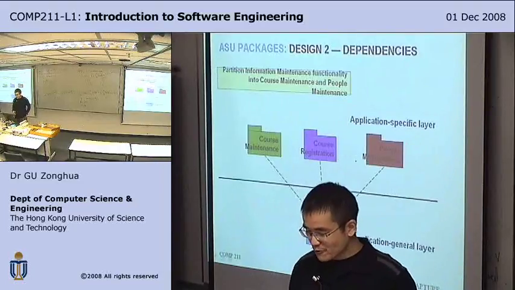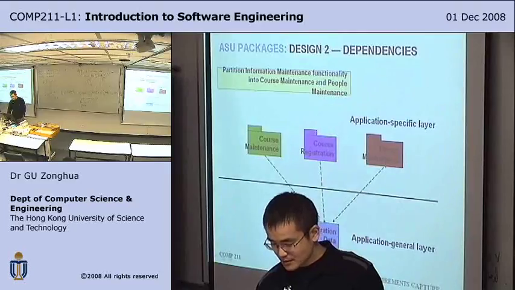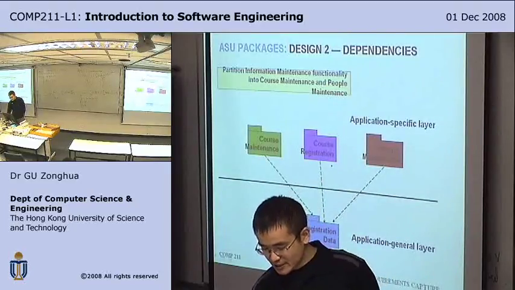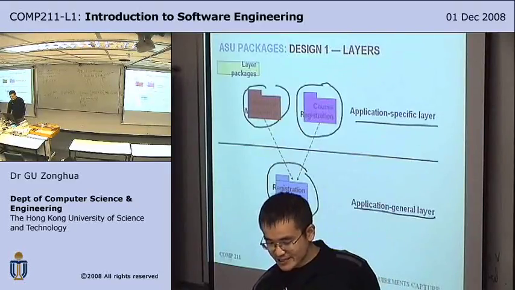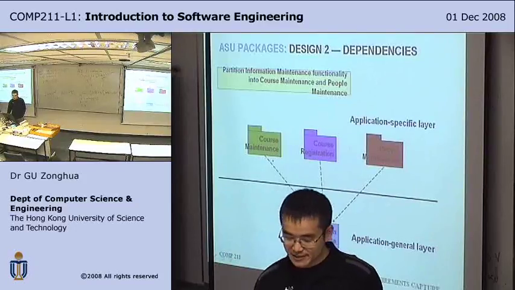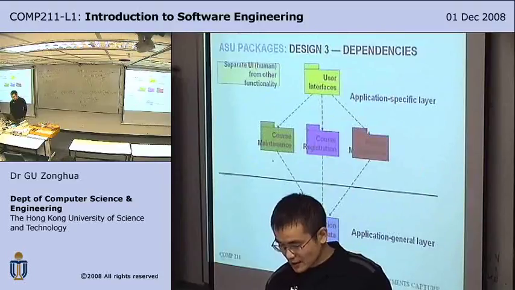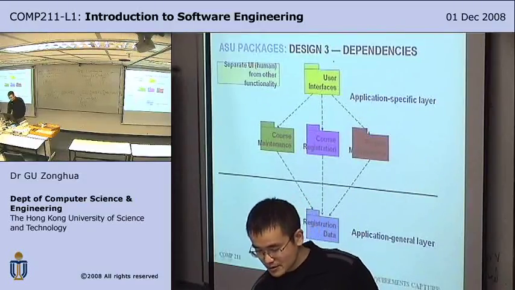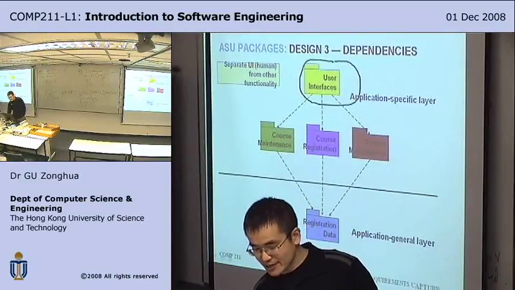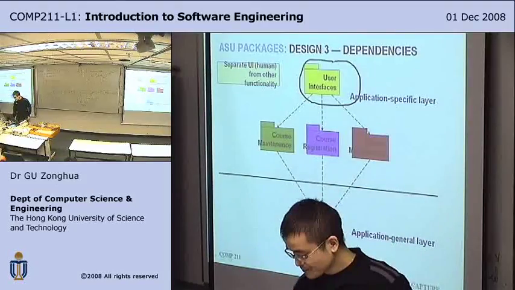You may have more fine-grained partitioning to divide information maintenance into two, course maintenance and people maintenance. Or you can add a separate UI package that gathers all the UI boundary classes.